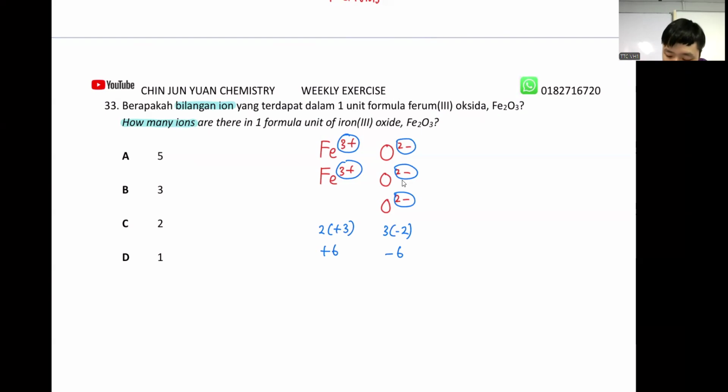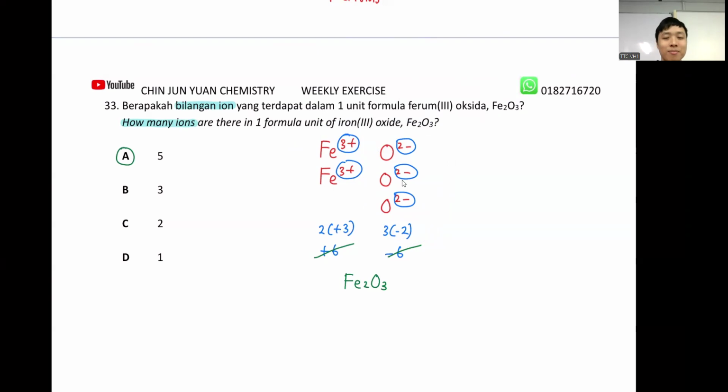Then they can cancel each other, then you will get Fe2O3. Understand what I say? 现在可以 cancel 掉对方了。当它有 positive 6跟 negative 6之后，so you need 2 Fe3+ and 3 O2-. So total you got 5 ions.